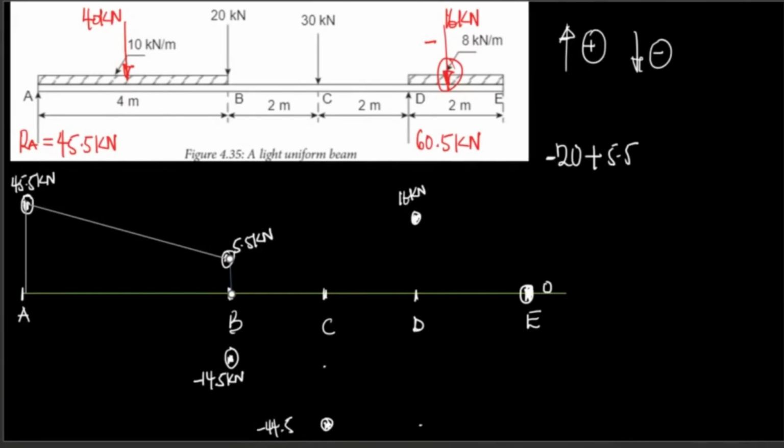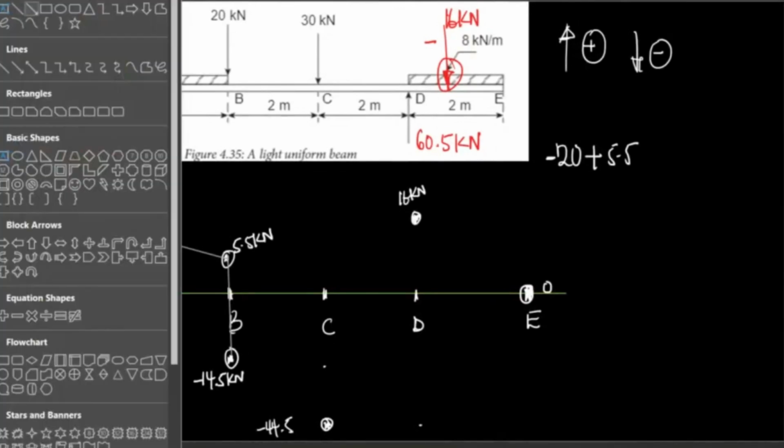So this one will be a straight line, and then it's going to be a straight line up until 14.5 down there. That is a straight line.